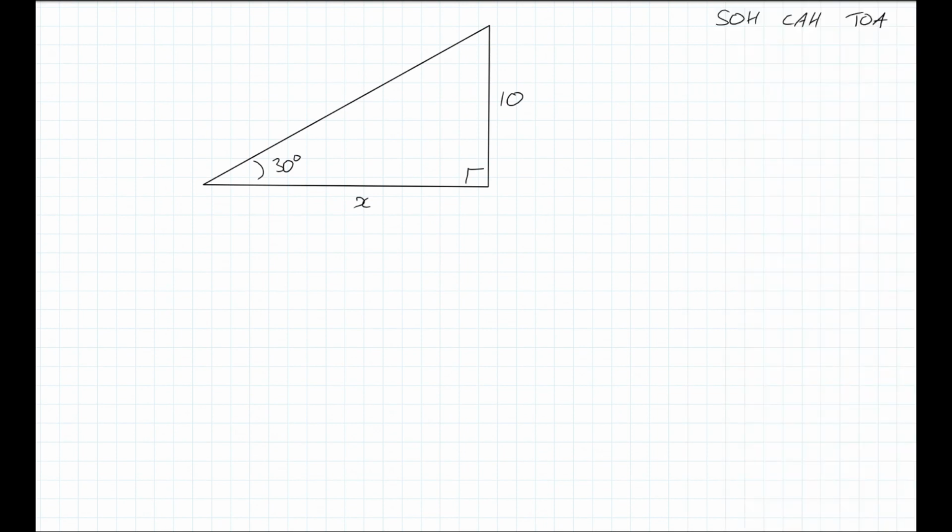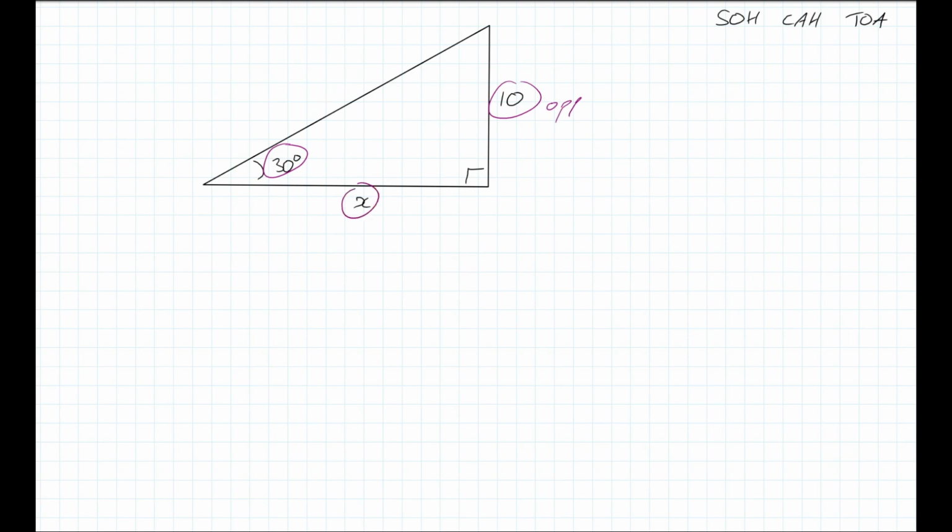All right. Now let's have a look at this one here. So in this question, it's a similar problem, same angle, but our side lengths are different. If we have this side over here on the complete opposite side of the triangle to the angle, that's going to make this side over here the opposite side. Now this side here is adjacent to the angle, and it's definitely not the hypotenuse, which would be over here.